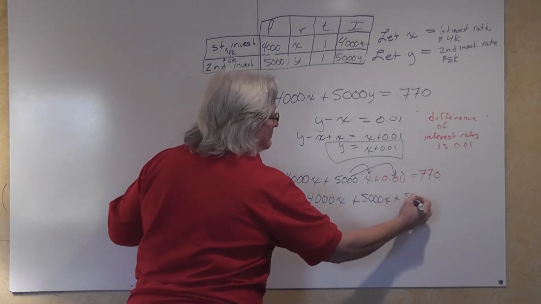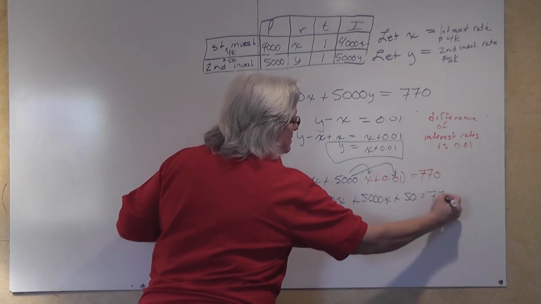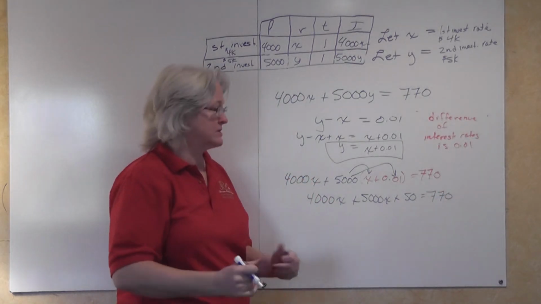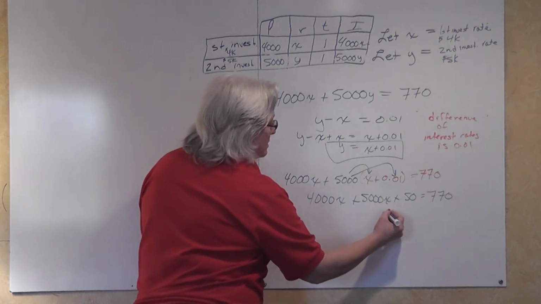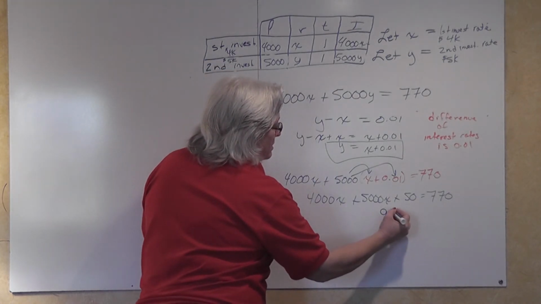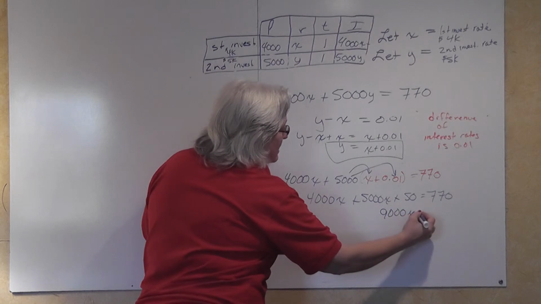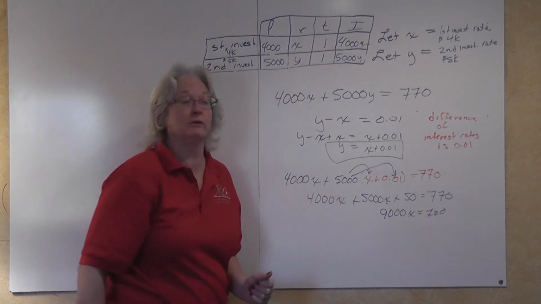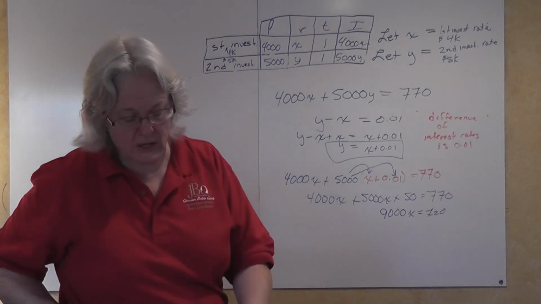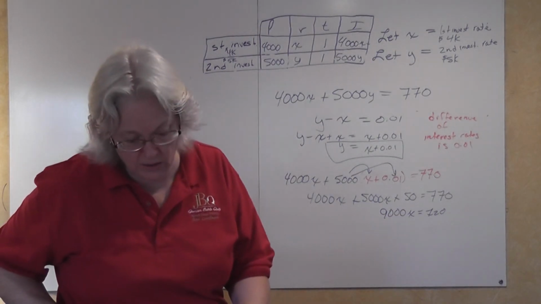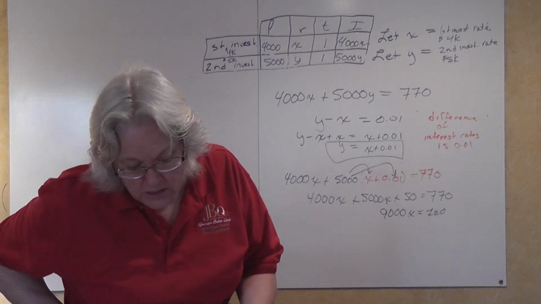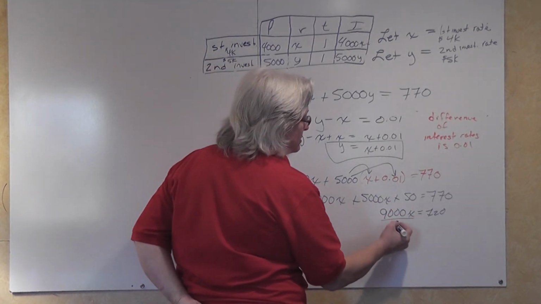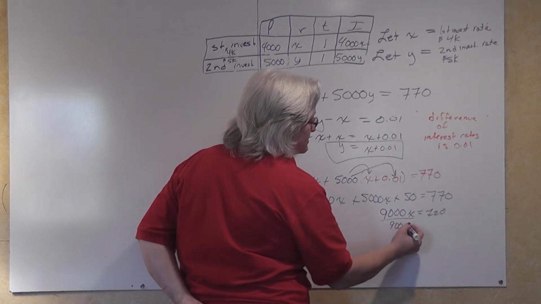So that is equal to 50, is equal to 770. Now we simply do our arithmetic. 9,000x is equal to 720. I said 7,200, I'm sorry, 720. Now, we're going to divide both sides of this equation by 9,000.